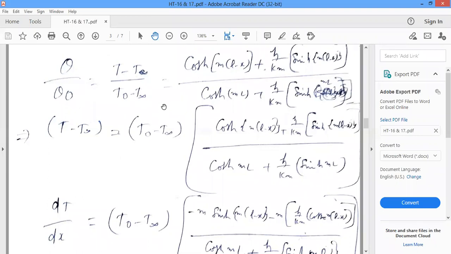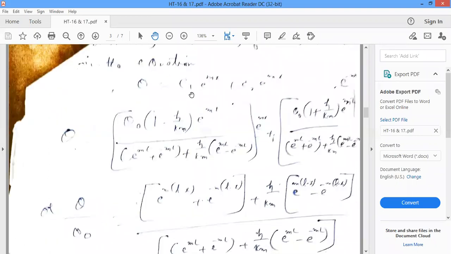By using those two boundary conditions, we take the general solution for the second order differential equation, that is theta equals C1 e power mx plus C2 e power minus mx.